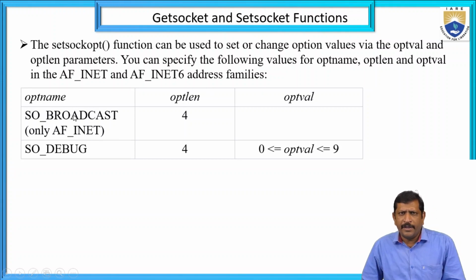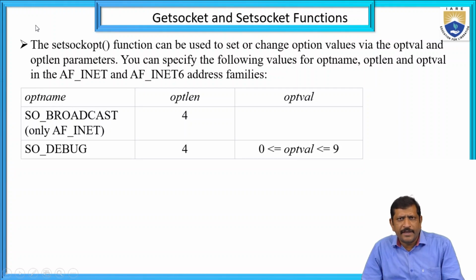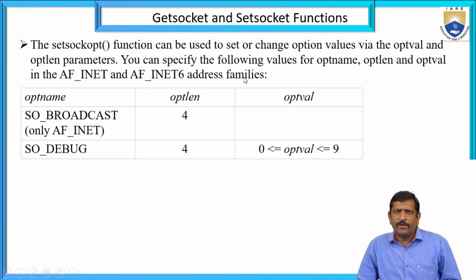Here the name is SO_BROADCAST, that is the only one, so it is an AF_INET family. The length is 4. There is no option value for this one.